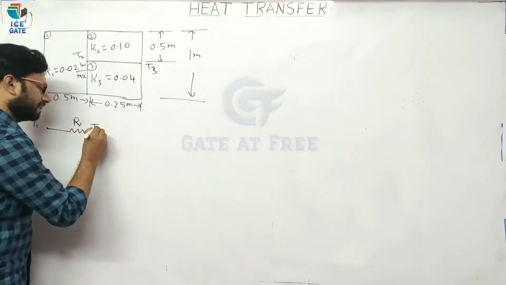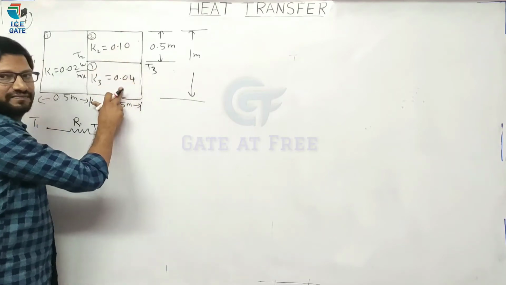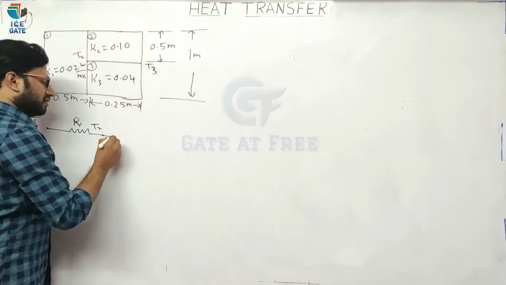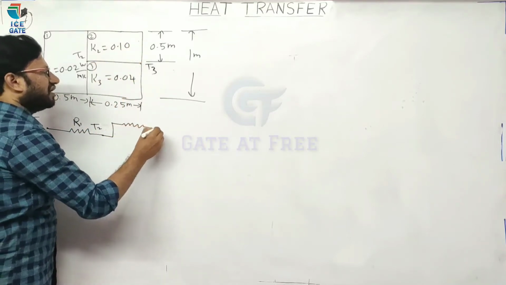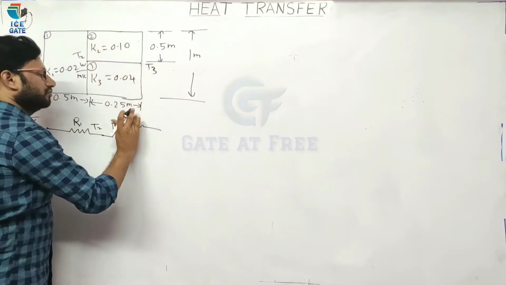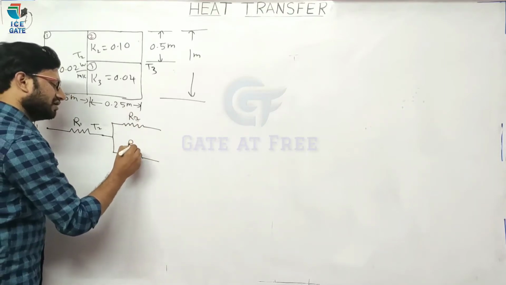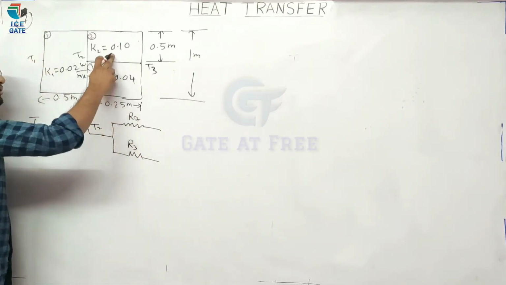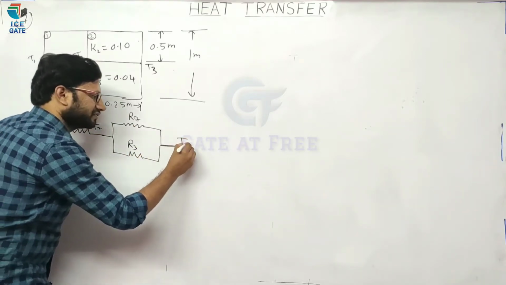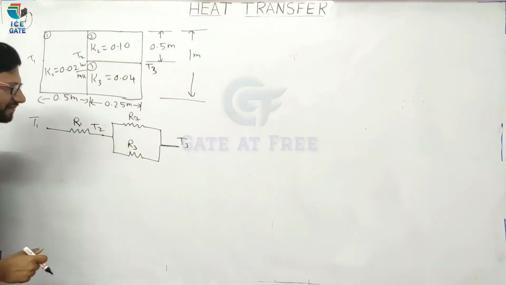Now from T2 to T3 we have 2 slabs in parallel. Resistance offered by the second material is R2 and resistance offered by the third material is R3. Now R2 and R3 are in parallel. Okay, now we have to find out.